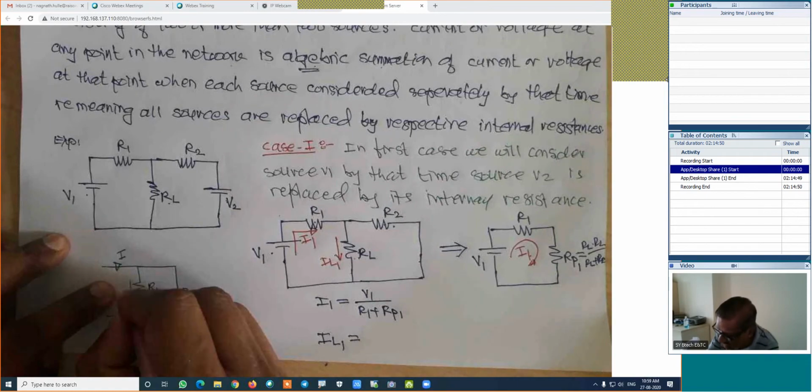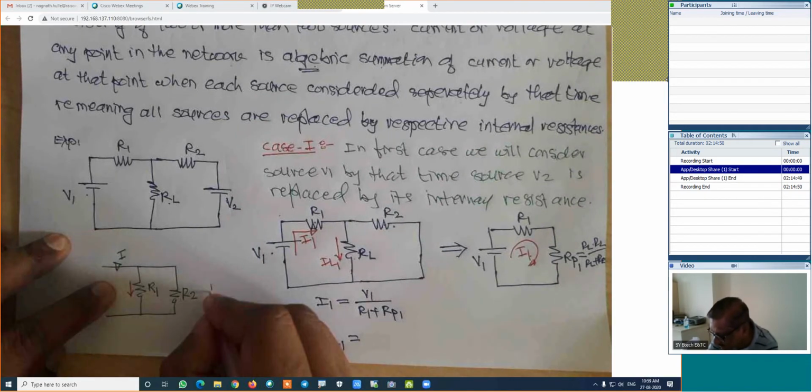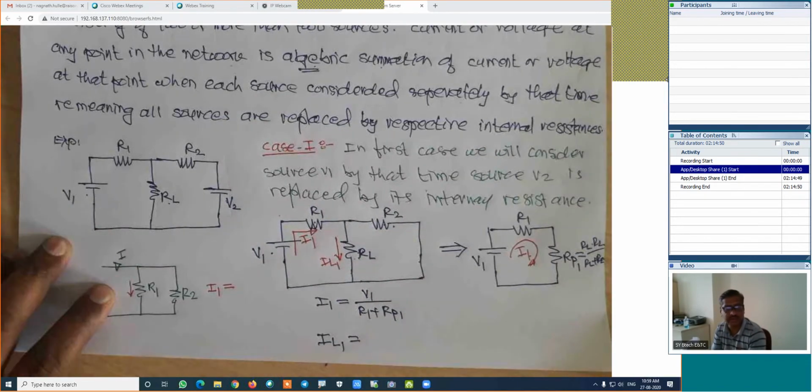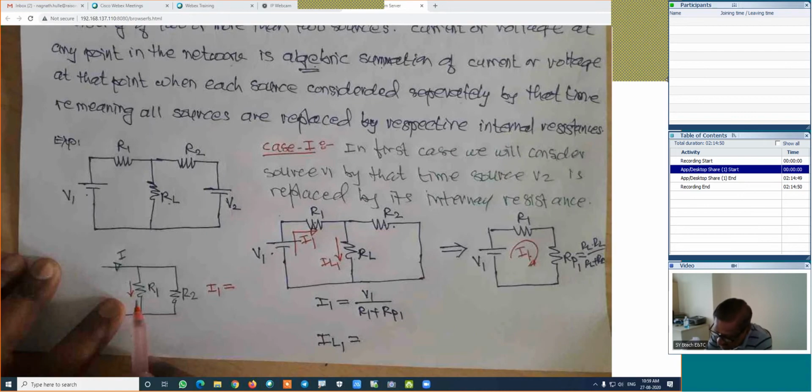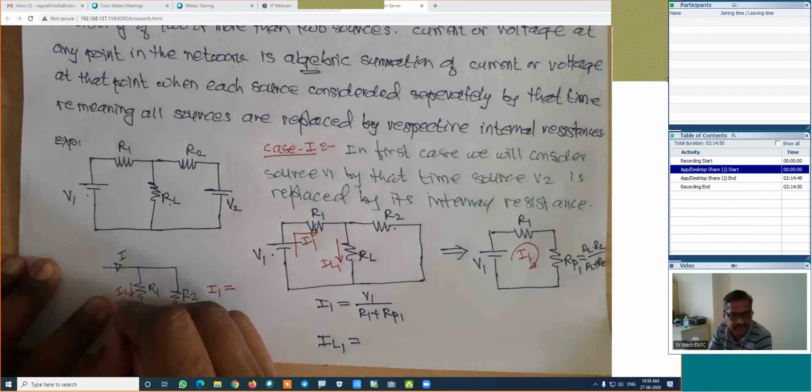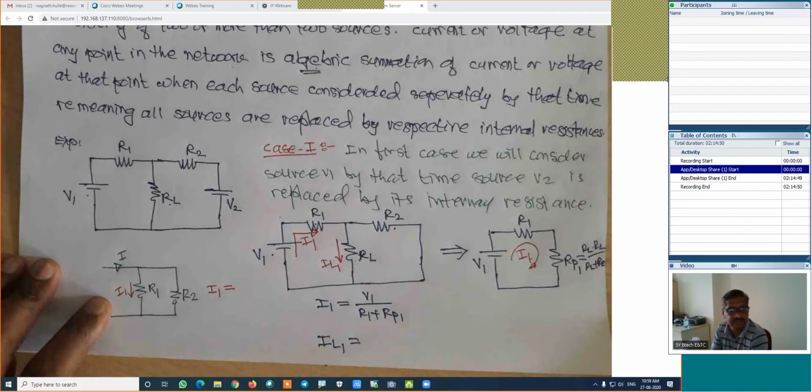Suppose we are interested in this I1. Look at the formula. I1 is equal to, how is the formula? We have to give the names in the figure, otherwise another person trying to understand this may get confused. Is it right?